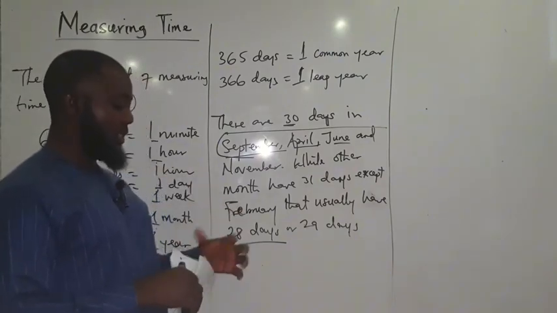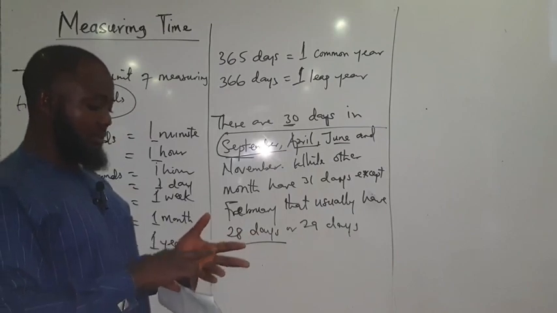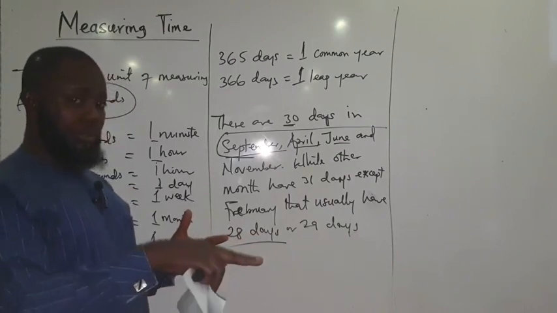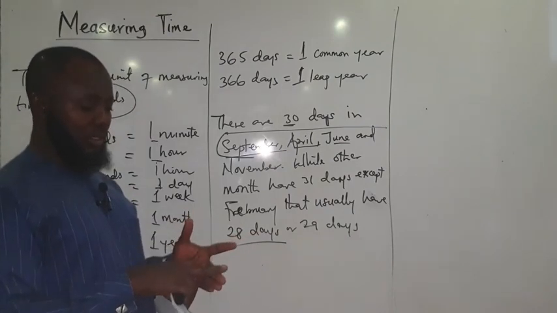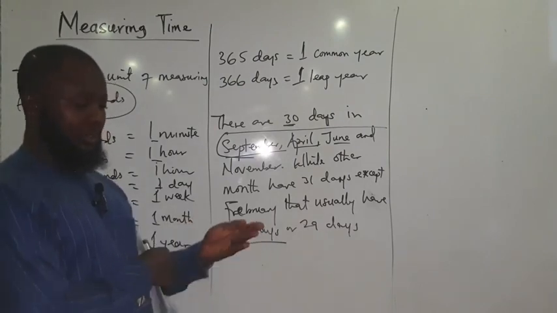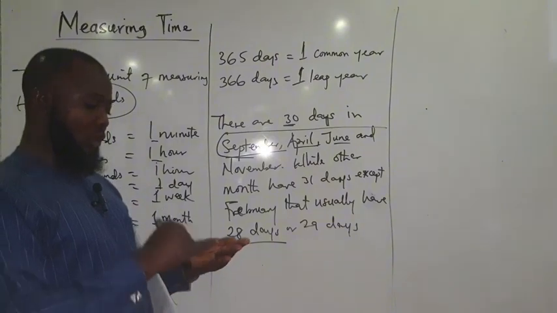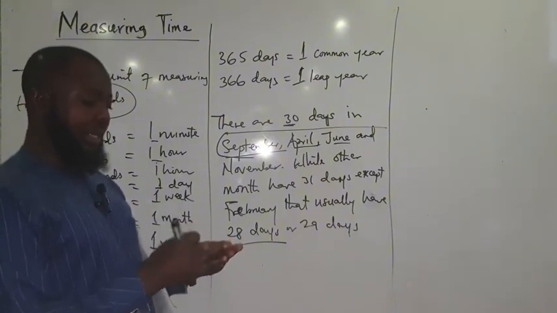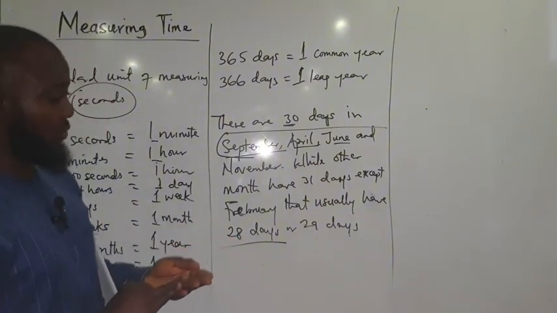Which means January, March, May, July, August, October, December have 31 days.